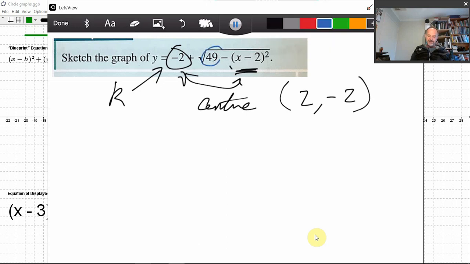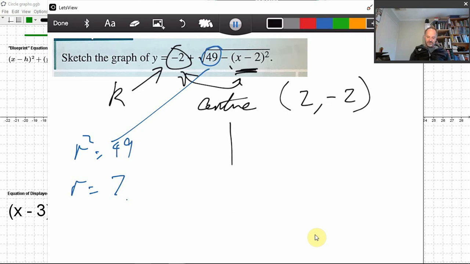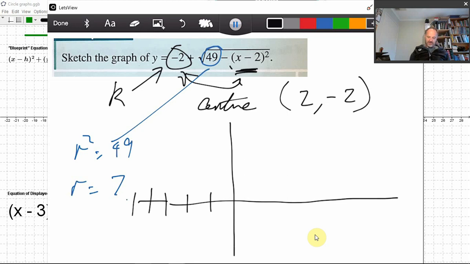Then our radius has to do with this. So that's the radius squared is 49. So our radius is 7. So when we want to sketch that particular one, we might go something like this. And so let's go 1, 2, 3, 4, 5. 1, 2, 3, 4, 5, 6, 7. 5 down, a bit up.